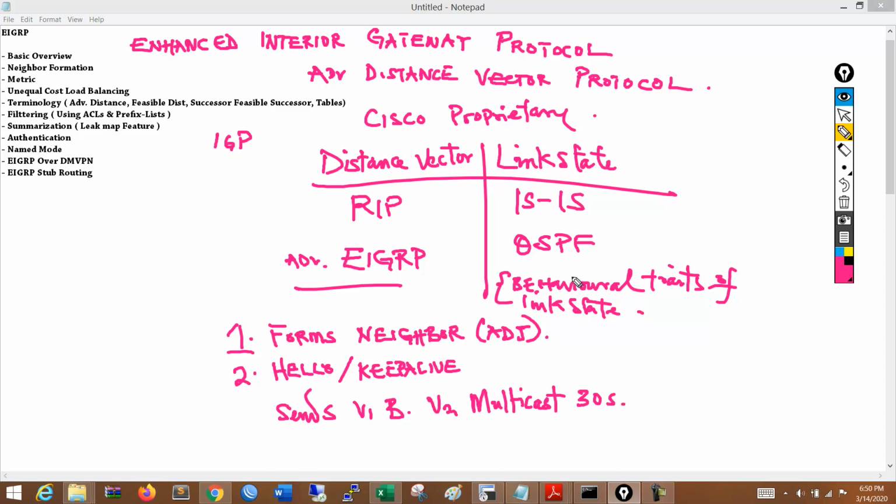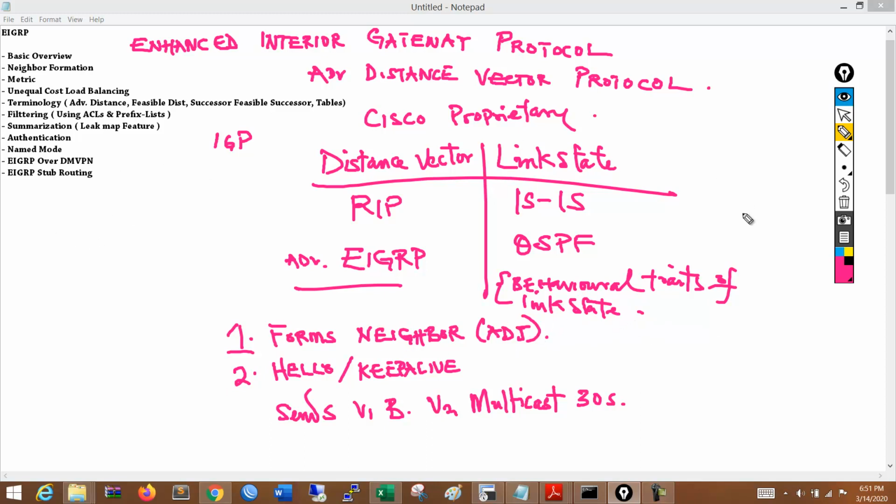EIGRP behaves more like the link state protocols that will form neighborship, send keepalives to make sure that your neighbor is up, and then exchange keepalives to say that their links are fine, instead of sending the whole routing table at each interval.